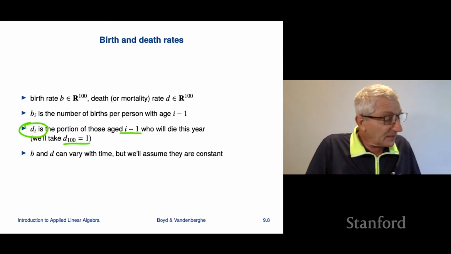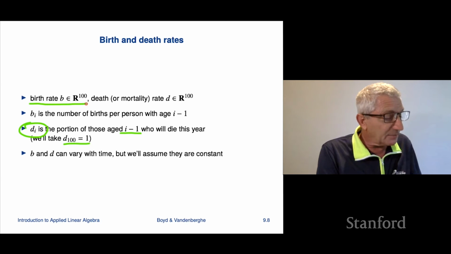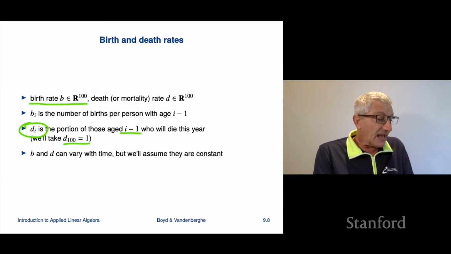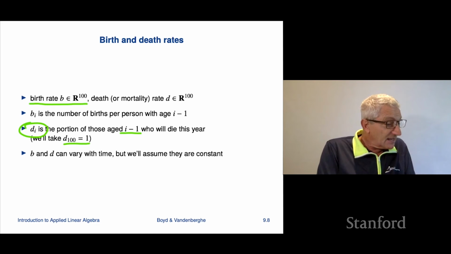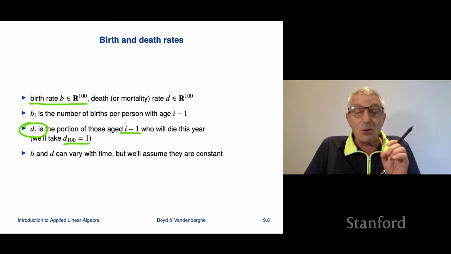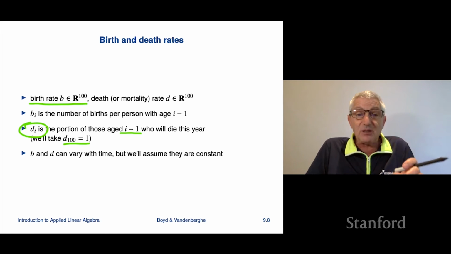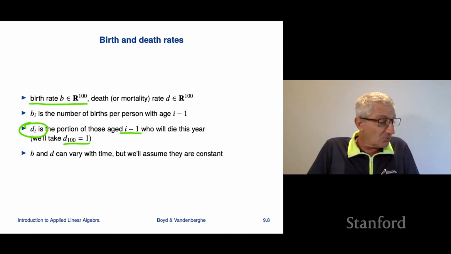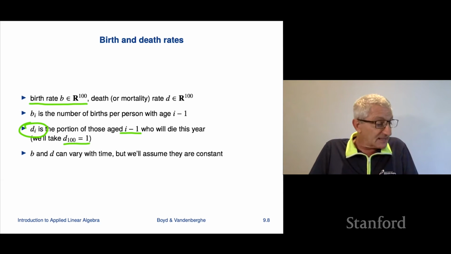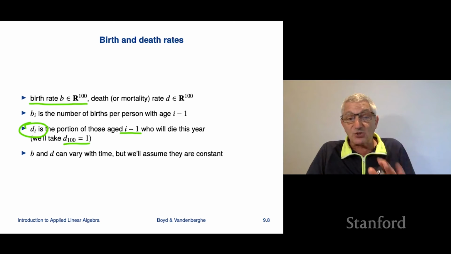The other one is the birth rate, and the birth rate is a vector in R^100. It's going to tell us how many people are born to people of that age. There are some pretty obvious things you would know about that, and we'll look at both of these shortly.